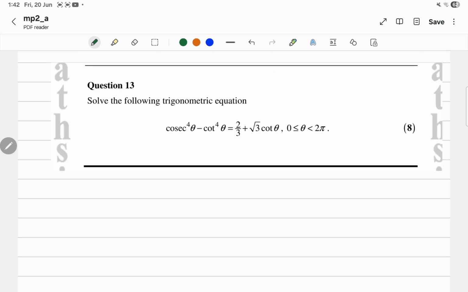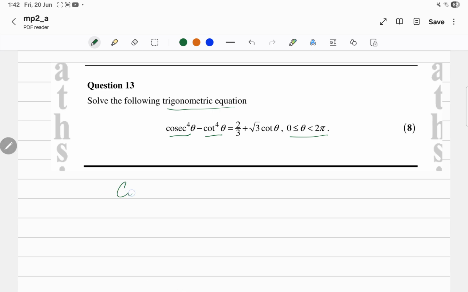Okay, so the last question of this paper is: solve the following trigonometric identity, which is cosec 4 theta minus cotangent 4 theta equals 2/3 plus root 3 cot theta, and theta is between 0 and 2 pi. So we have to solve this on the domain 0 to 2 pi.